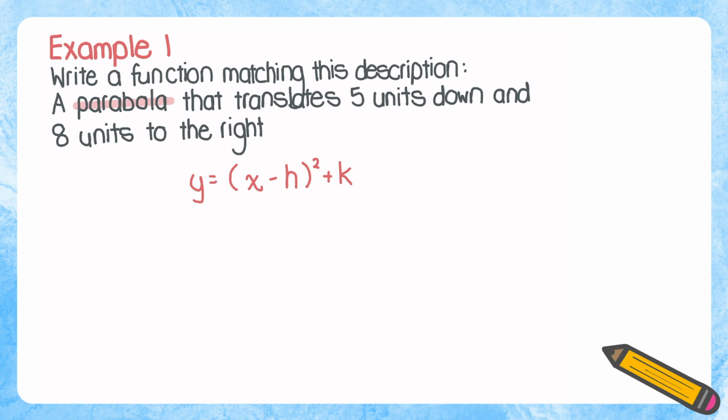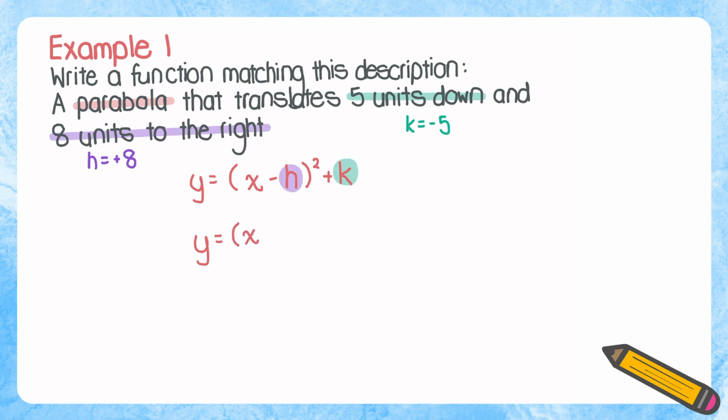So we're provided some clues in the description. So for k, notice that we're going 5 units down. That means k equals negative 5. And then, what about our parameter h? Well, our description says 8 units to the right, so that means h equals positive 8, or just 8. So let's replace h and k with these actual values.